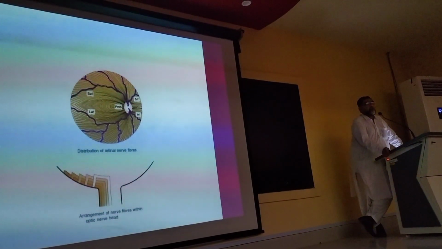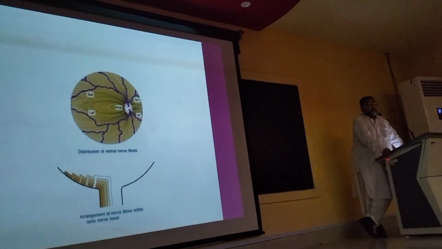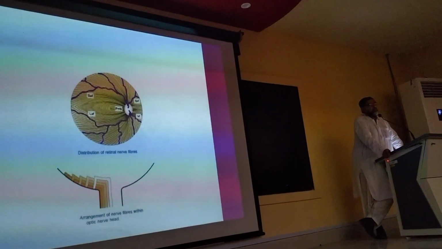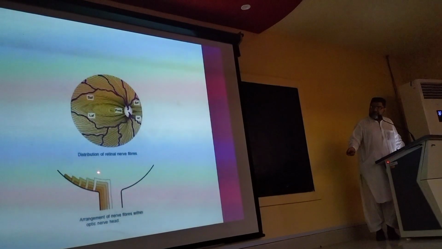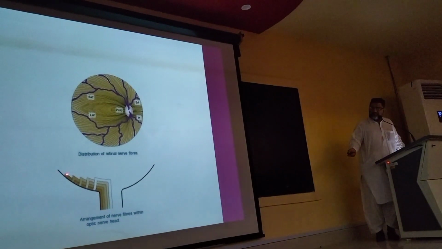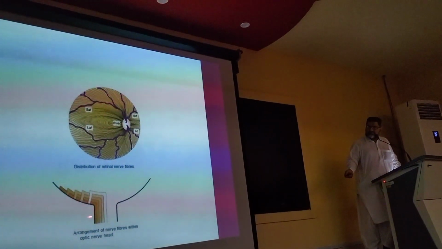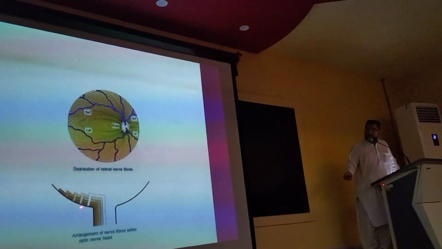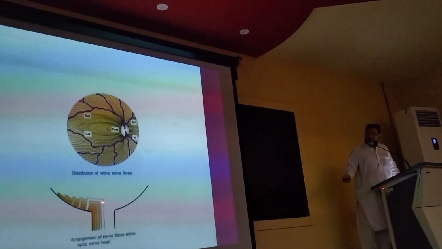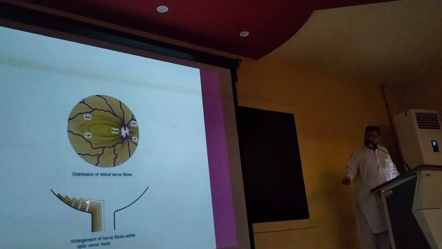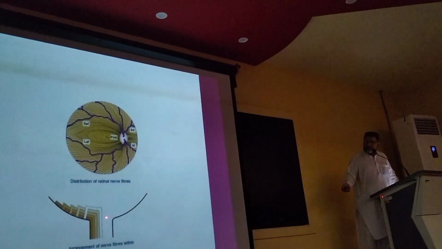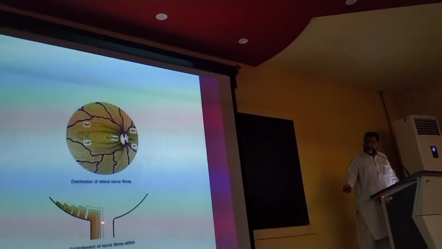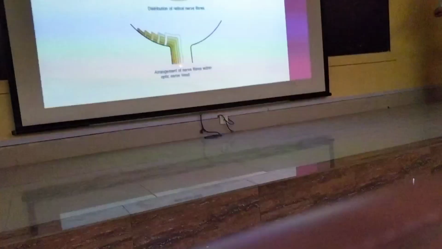The arrangement of the nerve fibers in the optic nerve has been shown in this picture. The most peripheral retinal nerve fibers are arranged in the outermost zone, and the most central retinal nerve fibers, which are near the fovea, are situated deep in the center of the optic nerve.